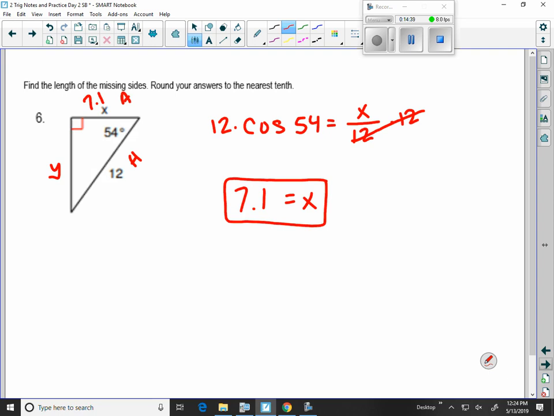Yeah. So you can actually do the same thing. You would do opposite over hypotenuse, which is sine. So you could do that, or you could do Pythagorean theorem. Mrs. Crafton doesn't care. If you like this new stuff, go for it. If you like Pythagorean theorem, go for it. I'll go ahead and do trig on this one. So it would be y over 12.